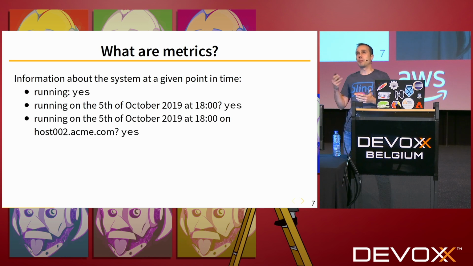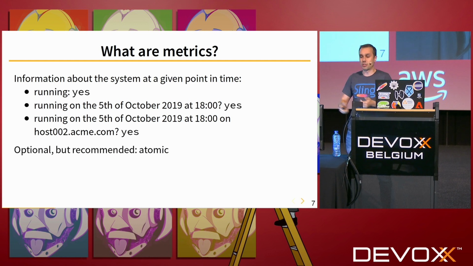And then it becomes interesting if you want to attach other kinds of values to the metric. Where was it running? Was it running on host A? Was it running on host B? Because then you start to analyze. I wanted my application to be running on 5 hosts. Why was it running only on 3? So these are like the rules of thumb for defining metrics.